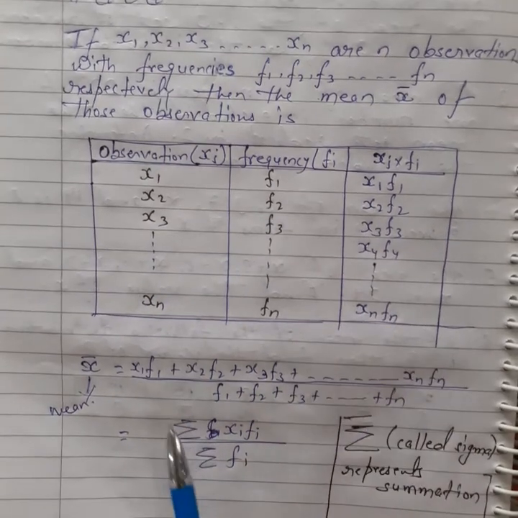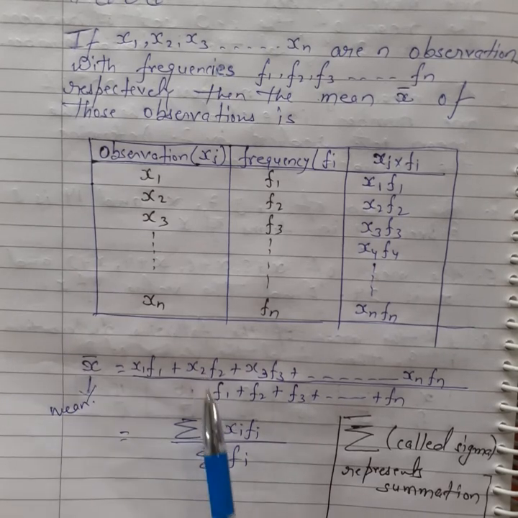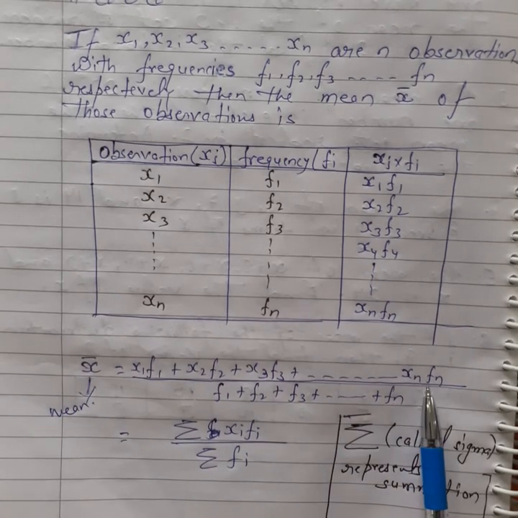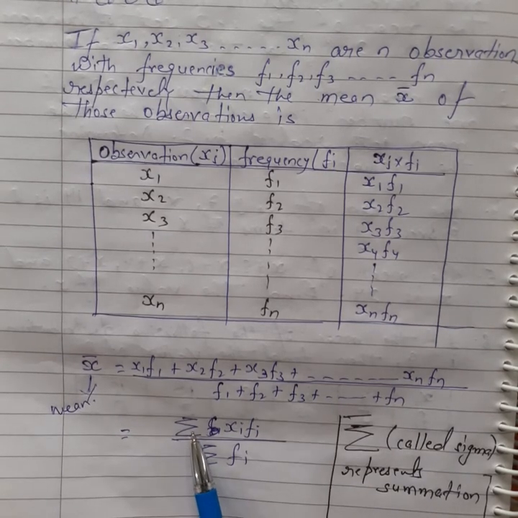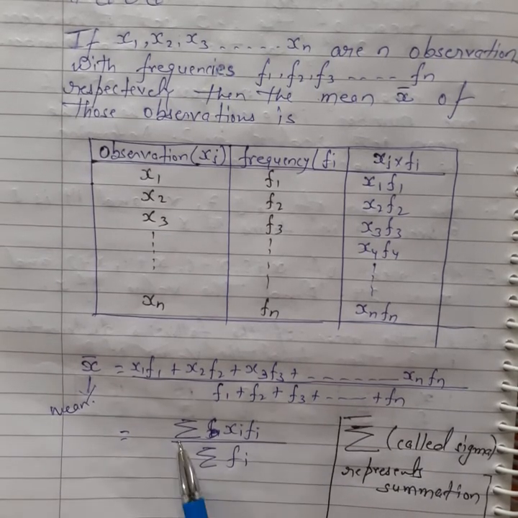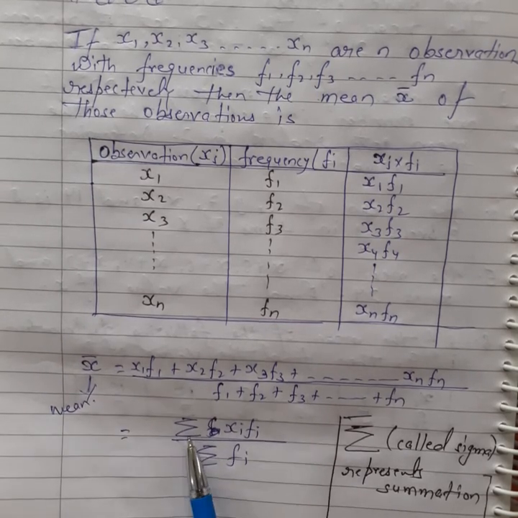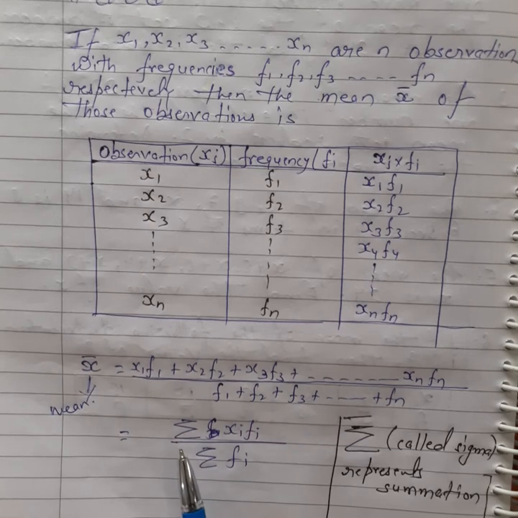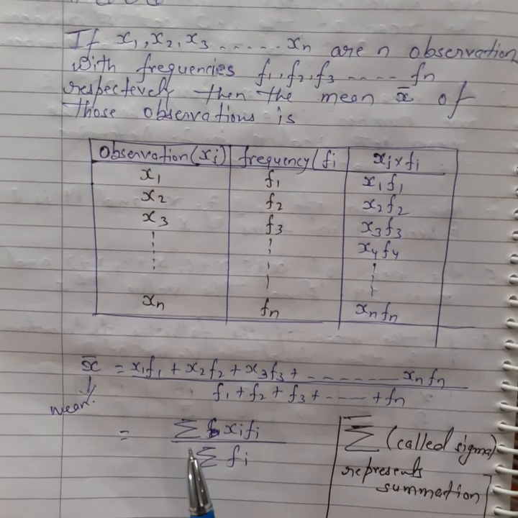Now here we add x1 f1 plus x2 f2 plus x3 f3 up to xn fn. So this is the summation of xi fi. This symbol represents summation and we call this symbol sigma.